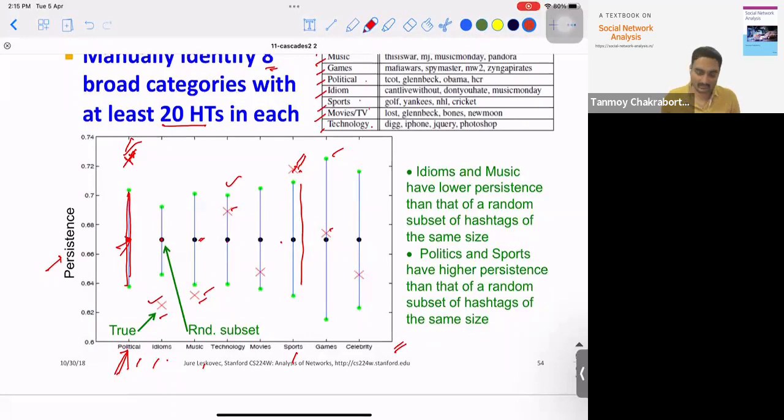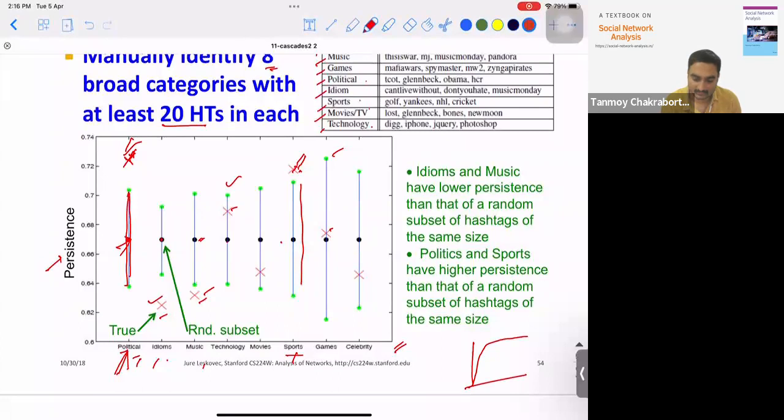Now think about it. Three cases. The first case, we have events like political and sports. They have higher persistence value than the random experiment. Okay, meaning that for political and sports, the exposure curve looks like this.